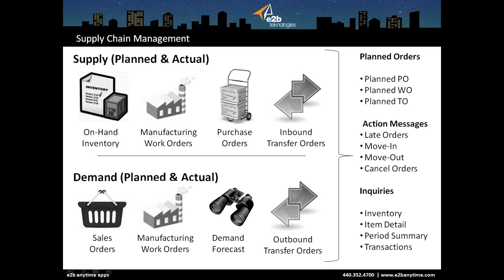In a DC environment, we could have inbound transfer orders coming from a replenishing warehouse. On the demand side, we're looking at sales orders, we're looking at forecasts, we're looking at manufacturing orders as demand. We're also looking at outbound transfer orders to the DCs that would be a demand on that supplying warehouse. Okay, so that's really the data that we're looking at.